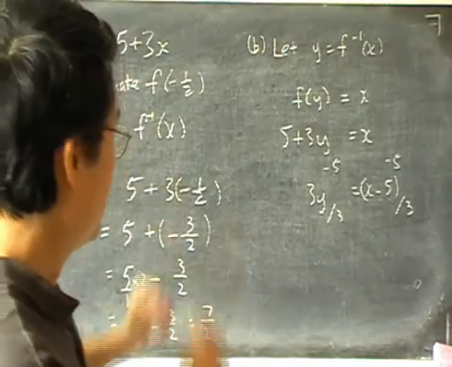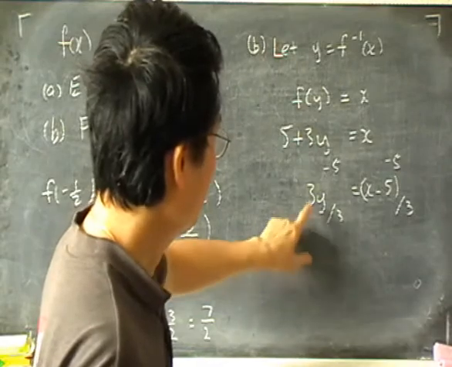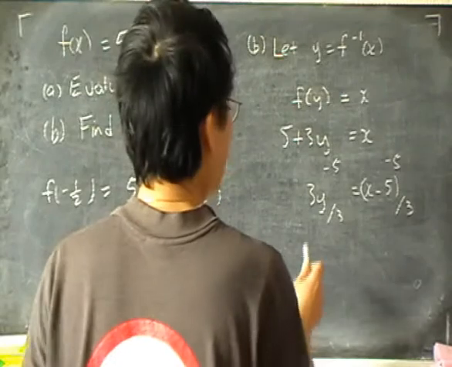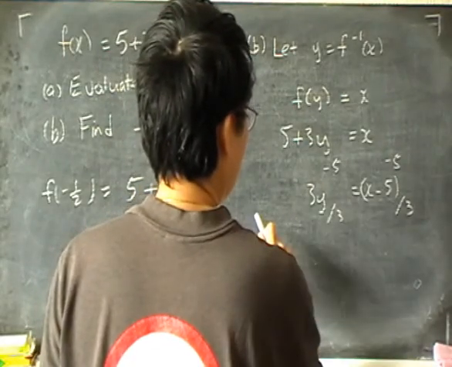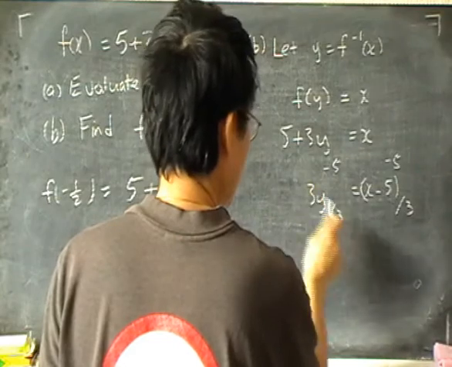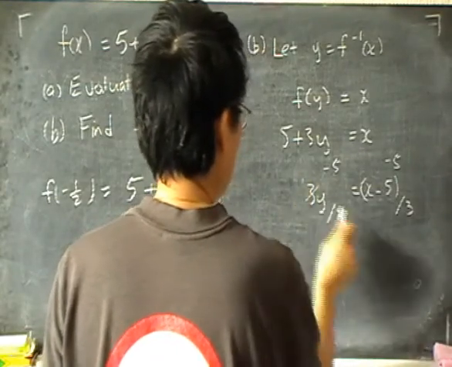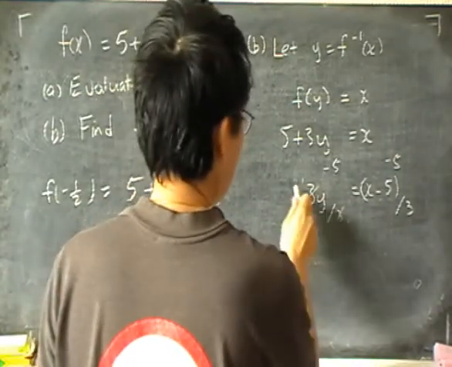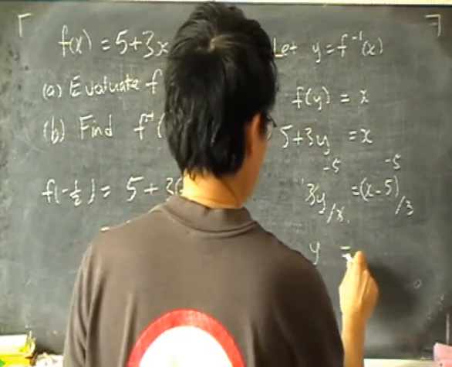So now that it's quite clear, we can move on to the next step, and 3y divided by 3: the 3 and 3 can cancel. 3 divided by 3 is 1 and 1. So I end up with 1 times y divided by 1, which is just y down here.